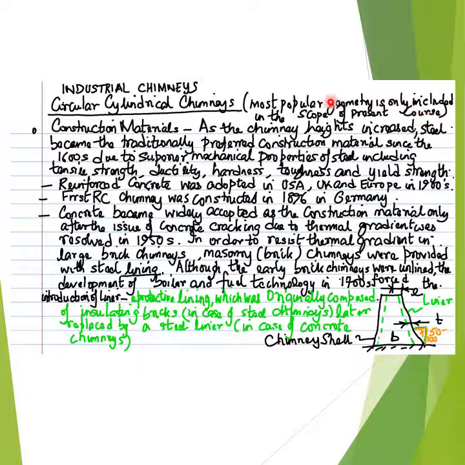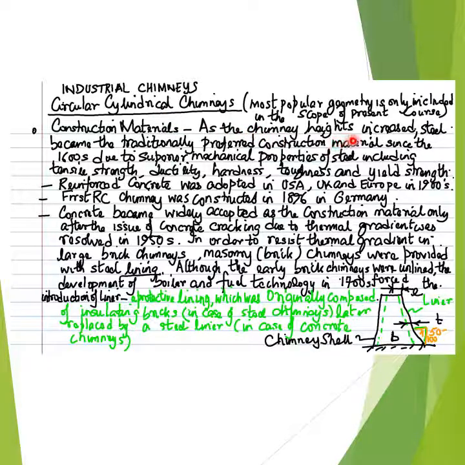As the chimney heights increased and the draft requirements of the chimneys increased, the construction materials that were popularly adopted or favored as the materials for building the industrial chimneys also evolved.